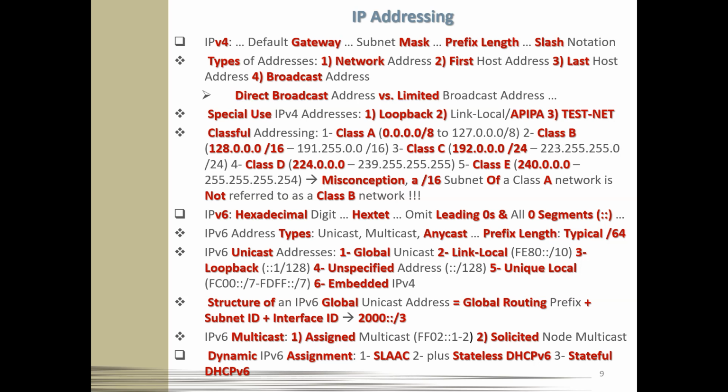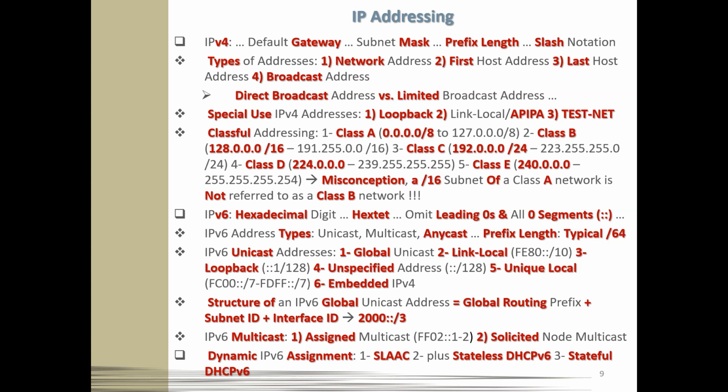This means that it is similar to a private address range that we have in IPv4 under RFC 1918, and this is not intended to be routable in the IPv6 based internet.